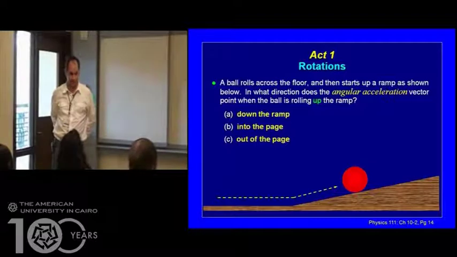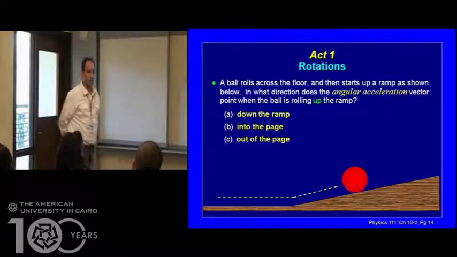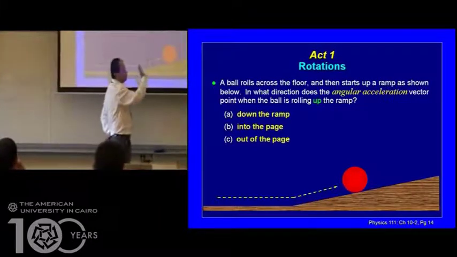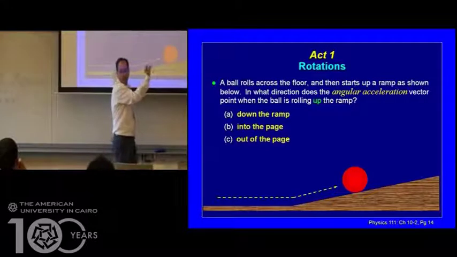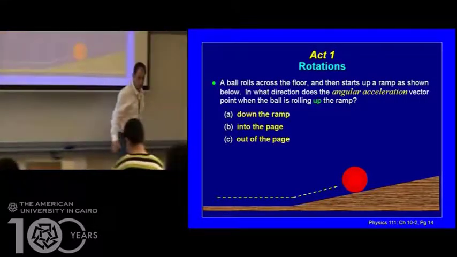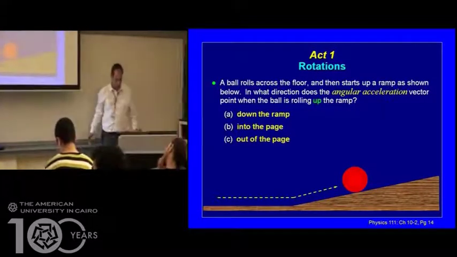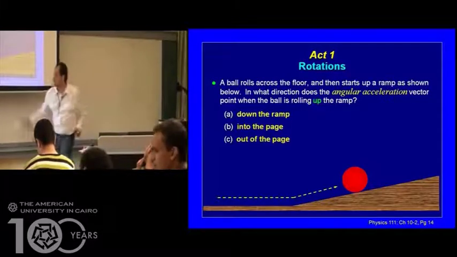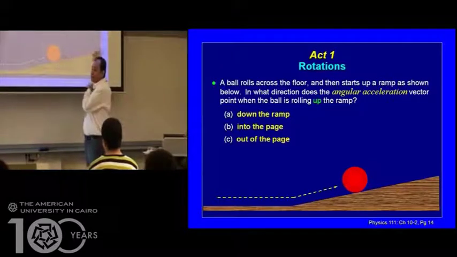Slowing down, because it's going up against gravity. So if it rotates in that direction, then the acceleration is going to be out of the page, in the case of deceleration. Is this accelerating or decelerating?